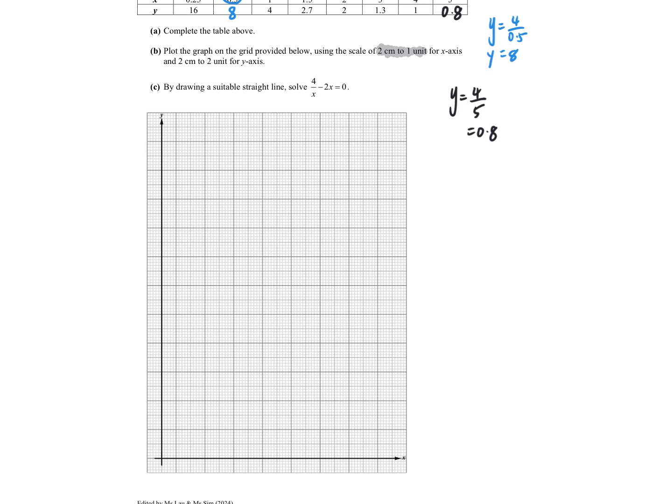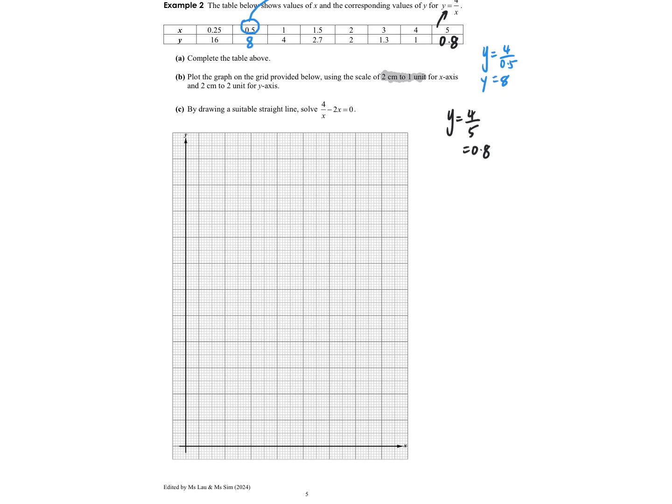So 2 cm, 1 unit for the x-axis. Then I check. I need all the way until 5. They say 2 cm, 1 unit, right? So like that is 1 cm per box. So 2 cm, 1, 2, 3, 4, 5.